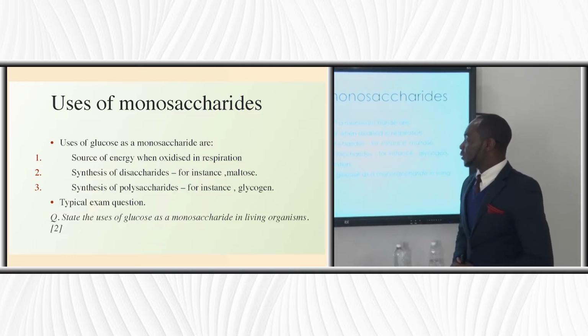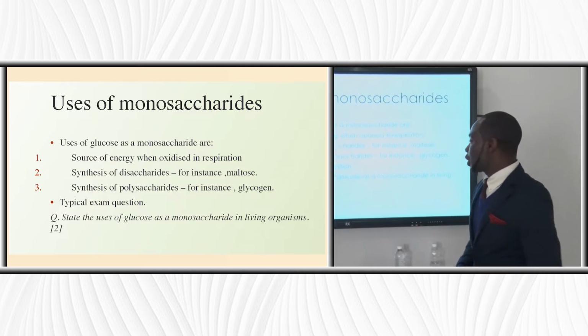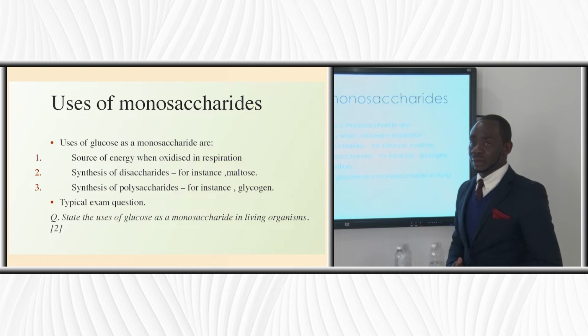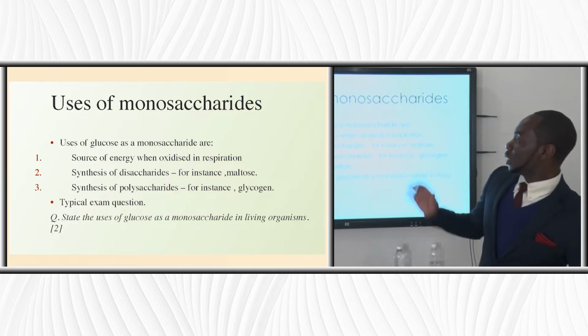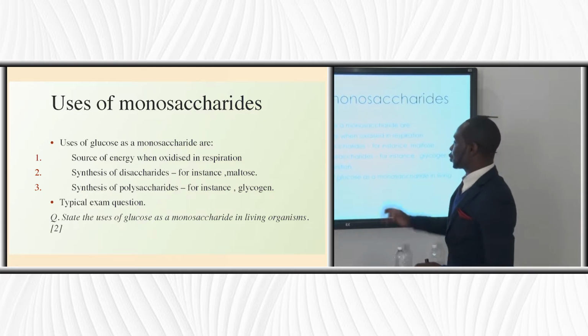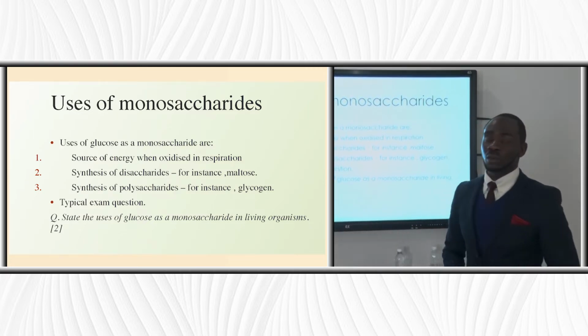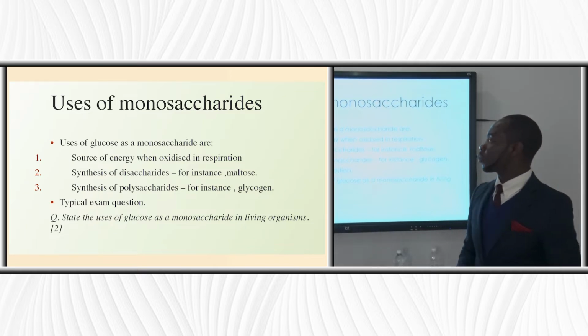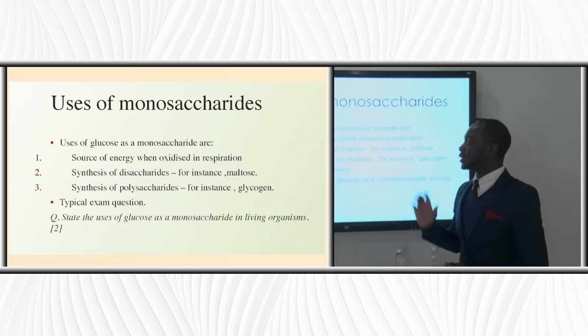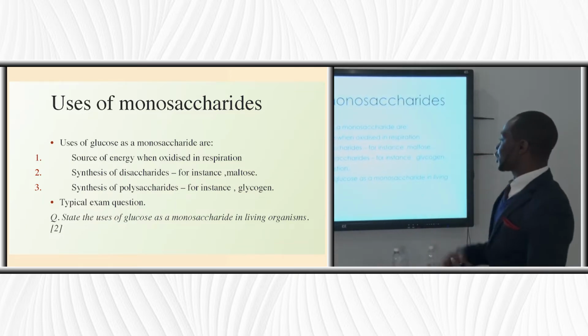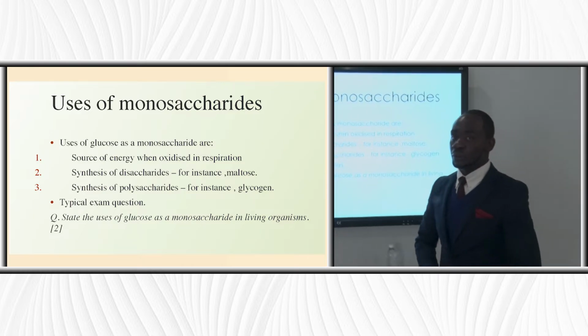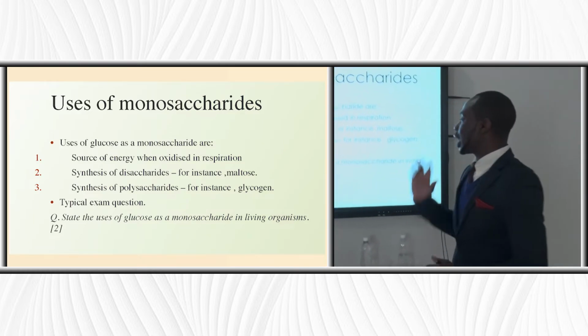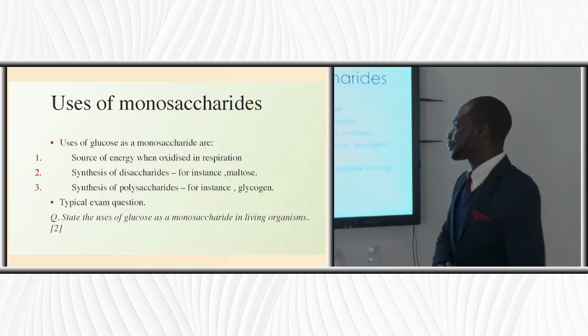Typical exam question: state the uses of glucose as a monosaccharide in living organisms. The uses of glucose will be: source of energy when oxidized in respiration; synthesis of disaccharides, such as maltose; synthesis of polysaccharides, such as glycogen.